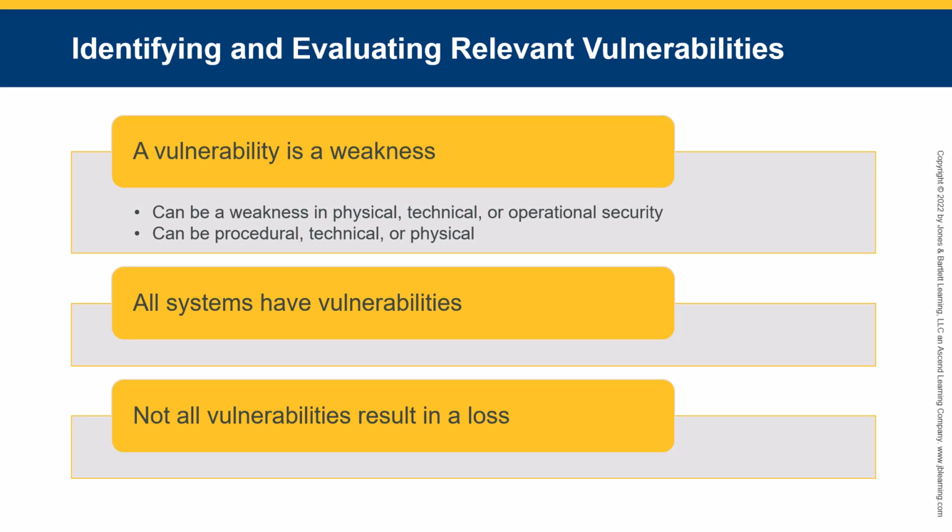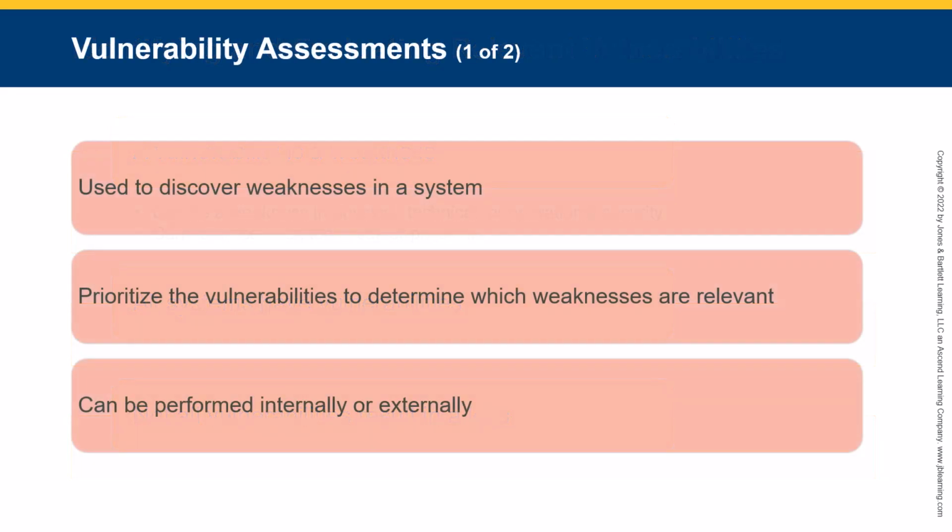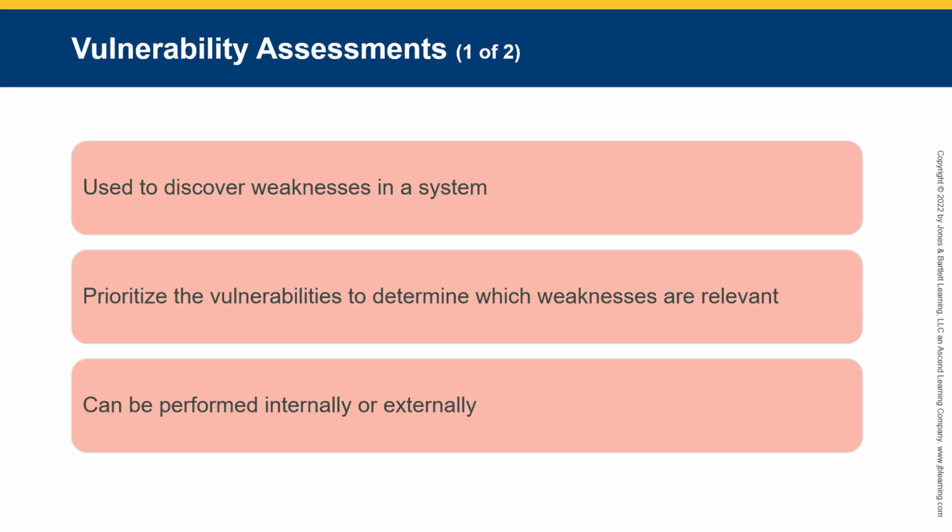Not all vulnerabilities result in loss. Not all vulnerabilities are easily able to be spotted. The big thing here is we have to identify what vulnerabilities are there and then figure out how to rank them, prioritize, and mitigate the ones that are going to result in a loss.